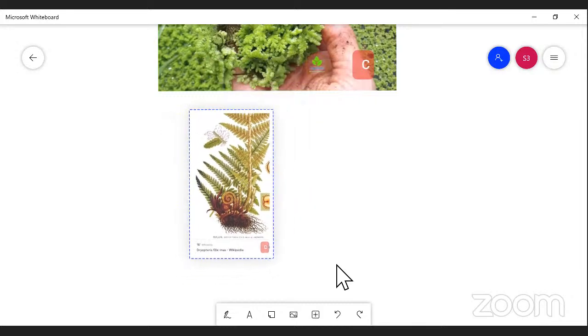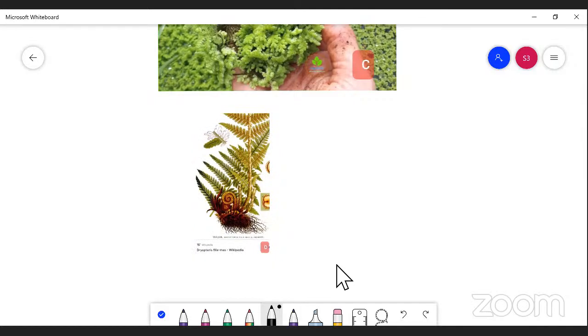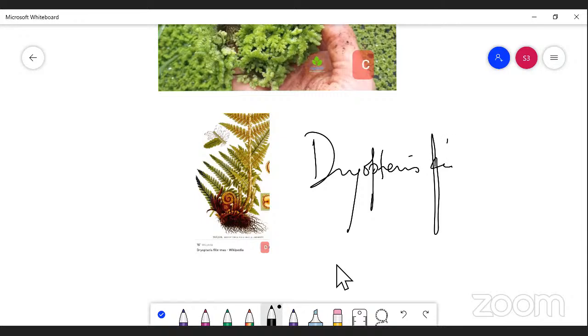Filix-mas is also used for the treatment of tapeworm.